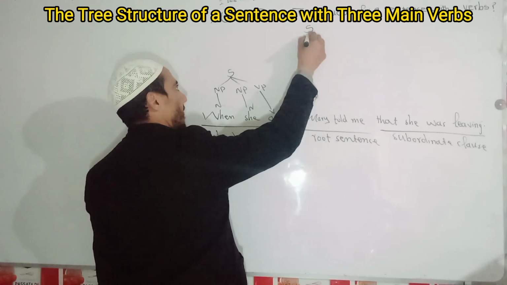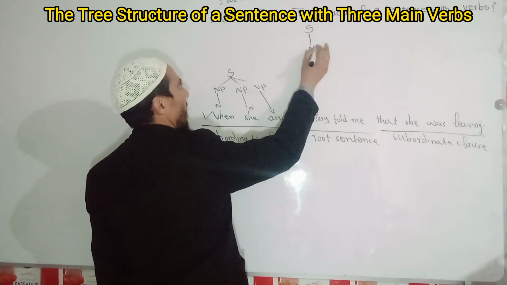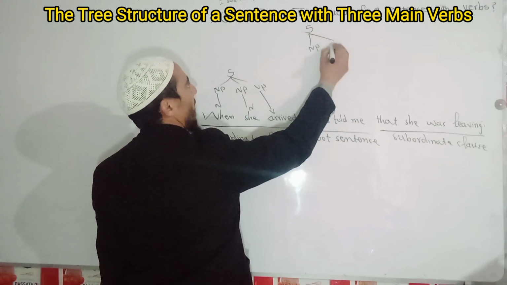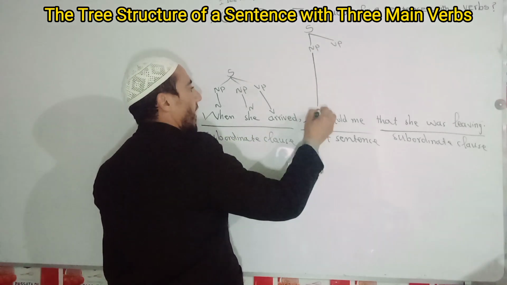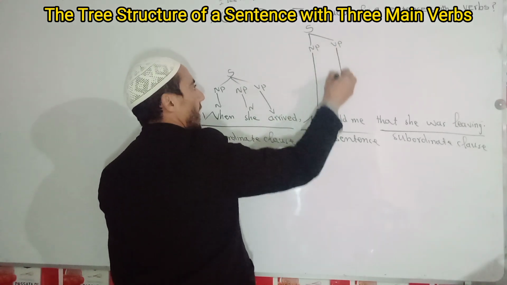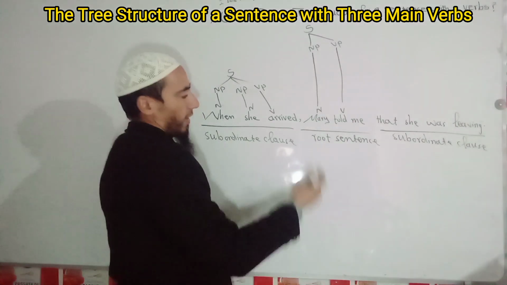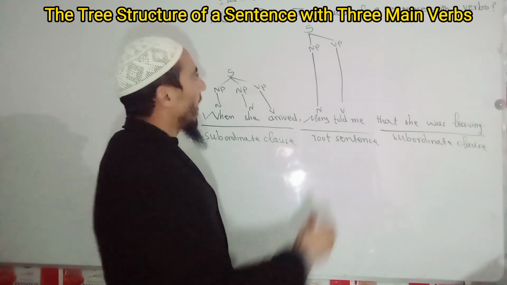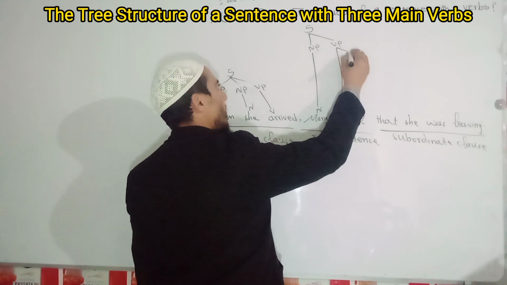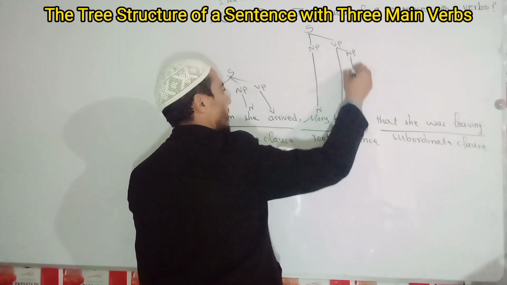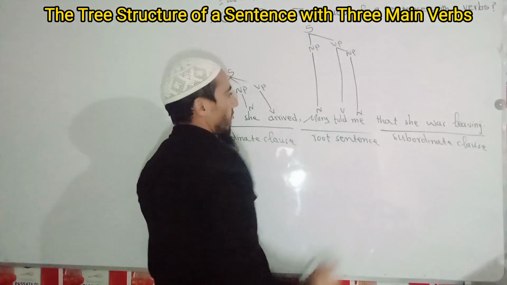So in S we have NP and we also have VP. In NP we have Mary, that is N, and in VP we have told, that is V. Okay, so told is V, verb. And then after the VP, we have NP, that is me, noun.